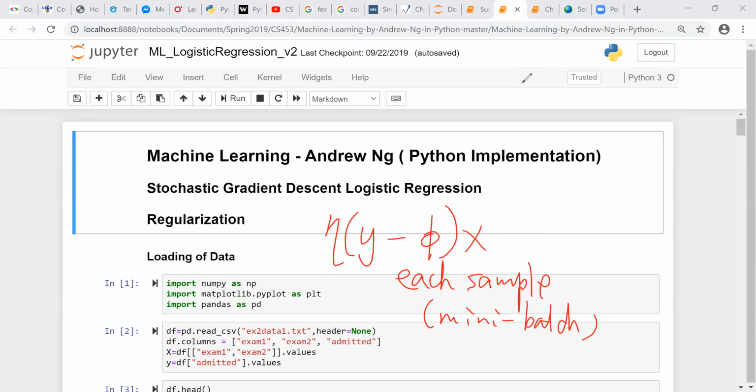Anyway, you're not going to use the whole sample space. You use each sample to update the weight, and also with a mini batch you update. So this concept we call stochastic, and there is another term, sometimes we also call it online learning.